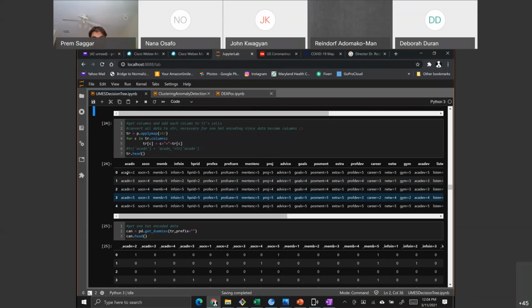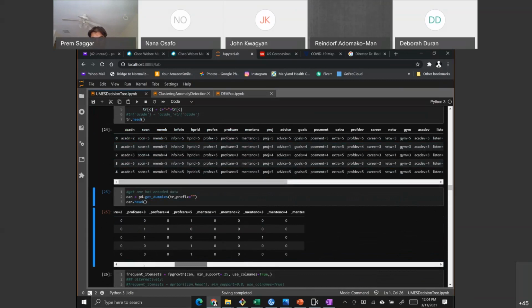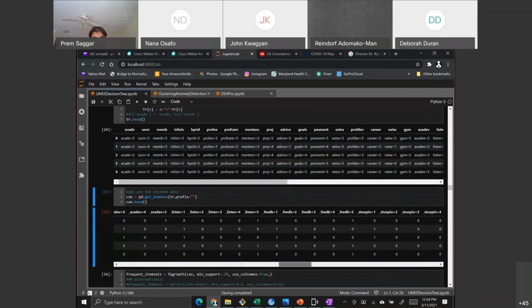So you can see here, Academy 2 turned into a column. And so now this row has a 1 in it because this one had the academic need score of 2. And this mapping continues on for each combination, for each row's value, right? And so this turns into some massive data frame now, okay? Because we've one-hot encoded everything, all right?